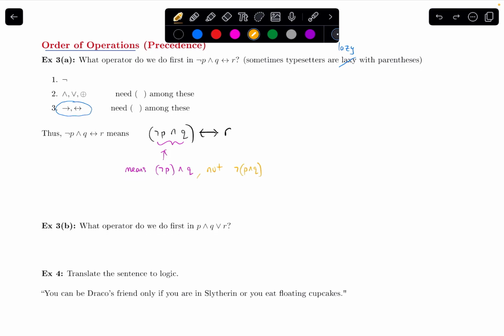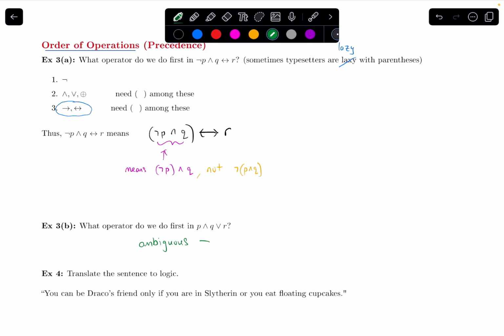Okay, so as another example, what operator would we do first in this situation, P and Q or R? Well, there's no parentheses. All of my operations are in the second level here. So it's unclear which we do first. This one is ambiguous. Unclear which one do we do first.